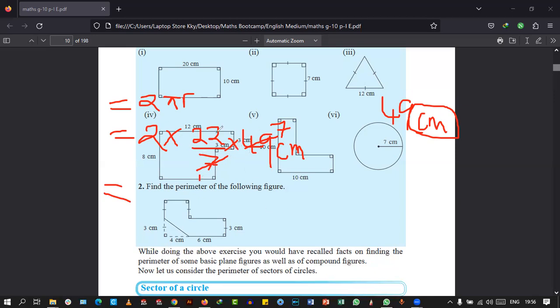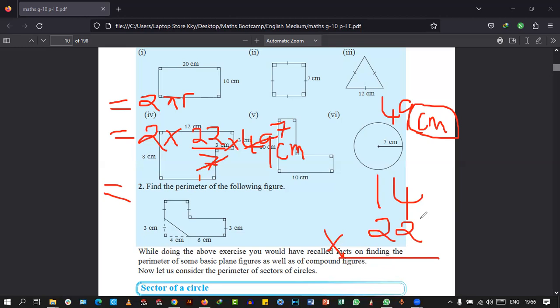Now we have to multiply 2 times 7. 2 times 7 will be 14. And then we have to multiply that 14 by 22. This is what you will write in your notebook or rough paper when you are doing the calculation.